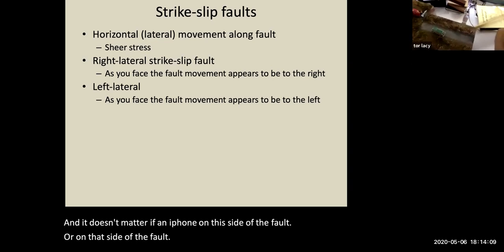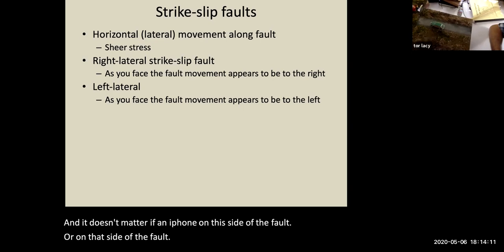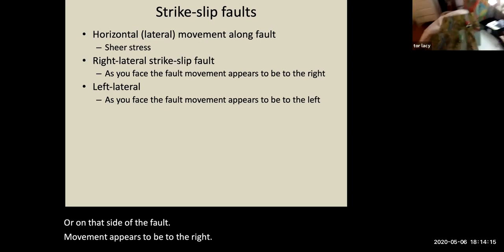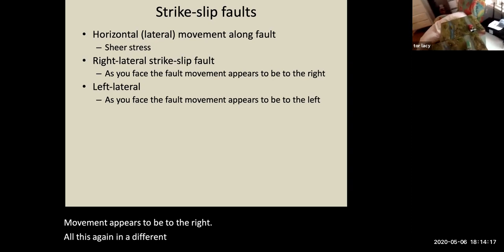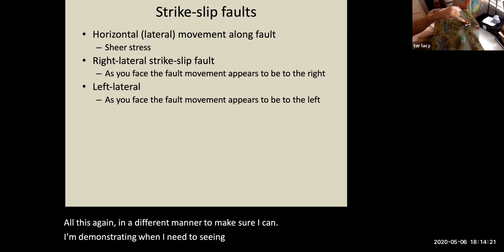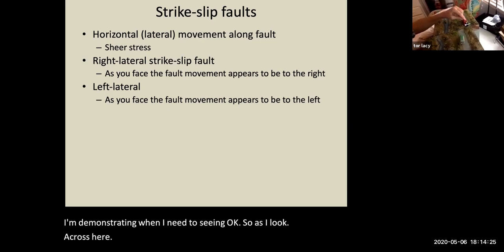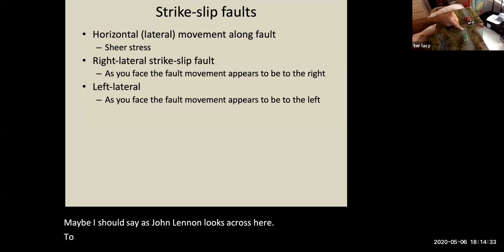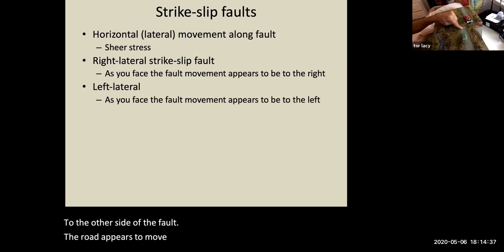Movement appears to be to the right. Let me hold this again in a different manner to make sure I'm demonstrating what I need to see. So as I look across here, maybe I should say as John Lennon looks across here to the other side of the fault, the road appears to have moved to his right.